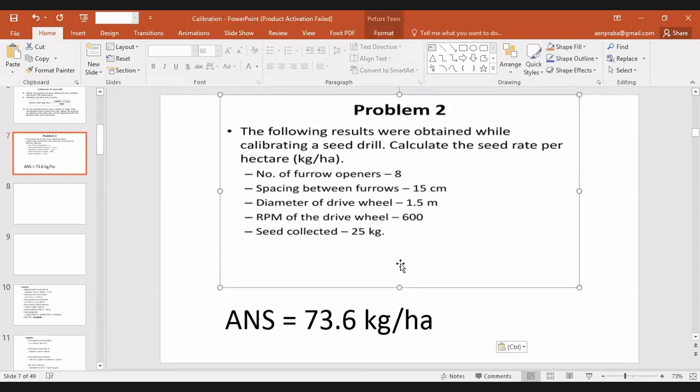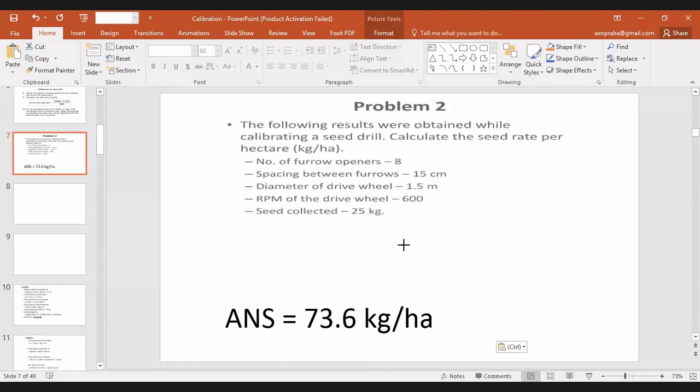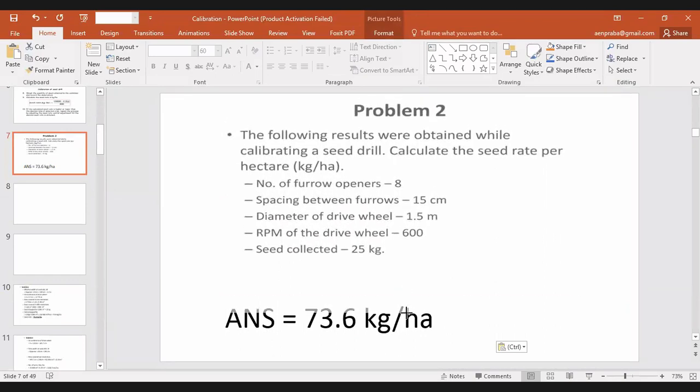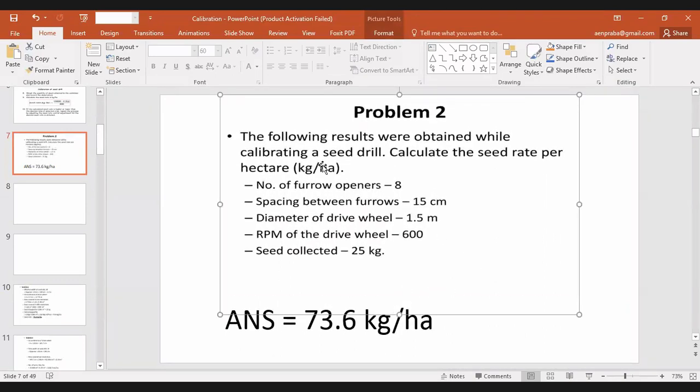Hello? Yes, sir. So for this calculation, the following results were obtained while calculating the seed drill. Calculate the seed rate per hectare. Number of furrows 8, spacing 15, diameter of the wheel 1.5 meter, RPM of the driven wheel 600, seed collected 25.